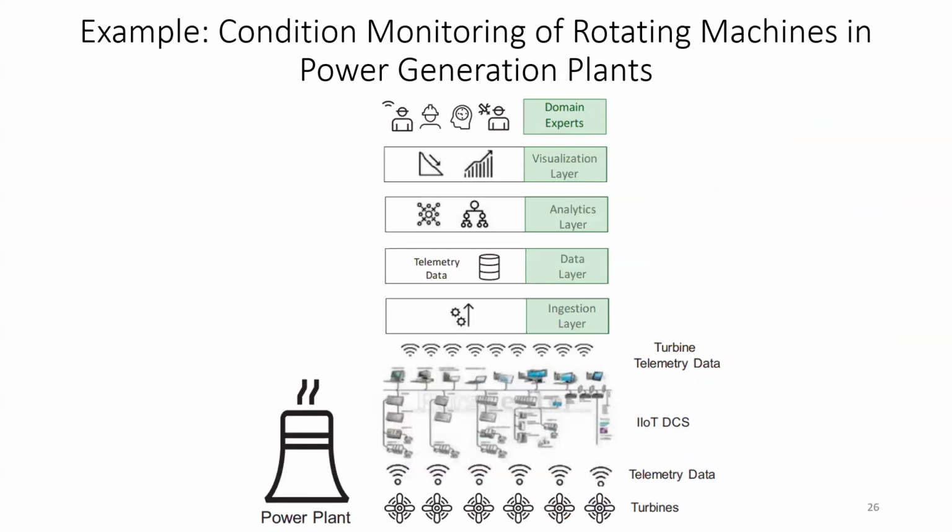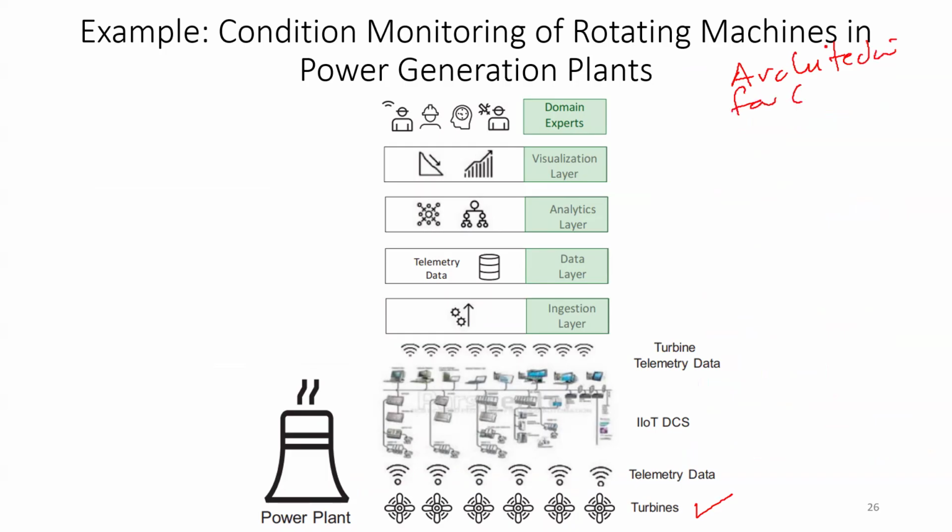This diagram shows an architecture for condition monitoring in power generation plants, starting with the turbines at the bottom.